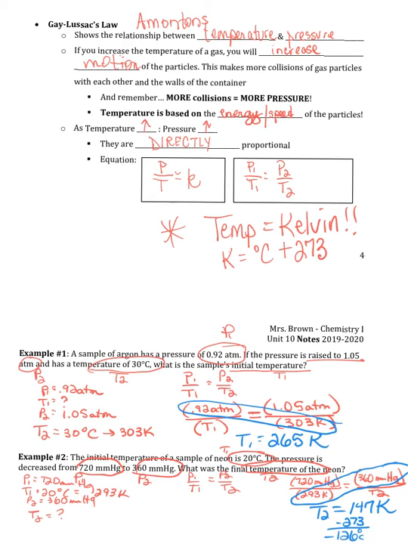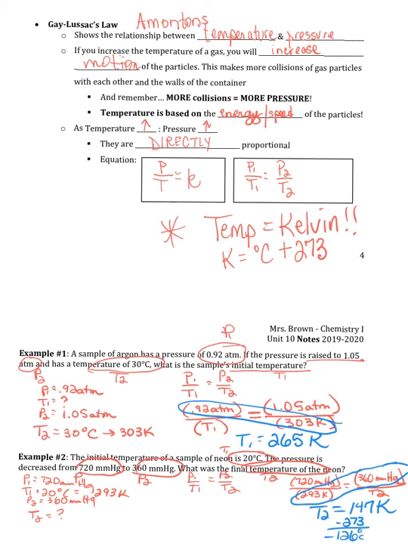Even though they didn't ask, just in case you get a problem like that, if they ask for it in Celsius, to get it back to Celsius, we would subtract 273. All right, so just don't get stuck with this law by leaving it in Celsius. Always, always, always convert it to Kelvin.